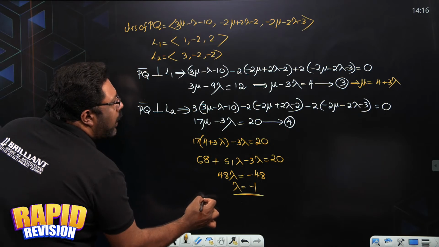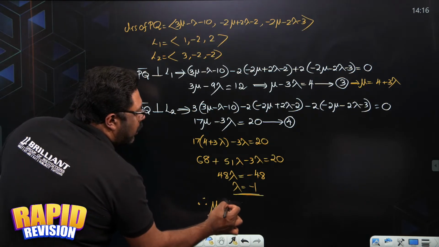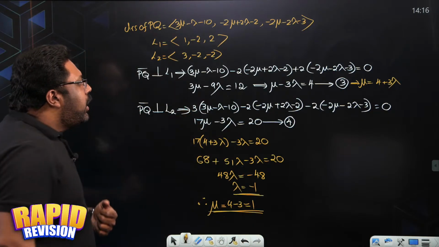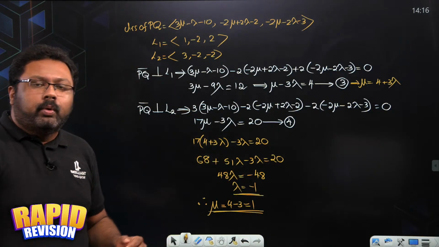Therefore mu is equal to 4 minus 3, which is 1. I got the value of lambda and the value of mu.